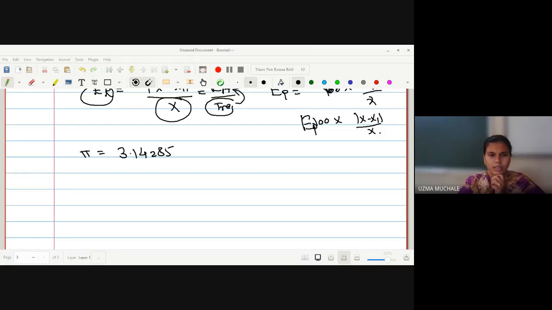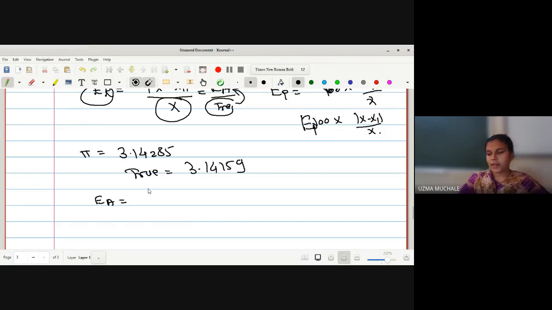This is not truly exact actually, but while using the calculations we are using it, and the true value of pi is 3.14159. Okay, what is the question? The approximate value is 3.14285 and the true value is 3.14159. Find absolute error and relative error. Find it and tell me the answer.